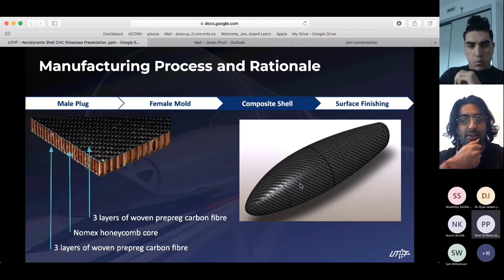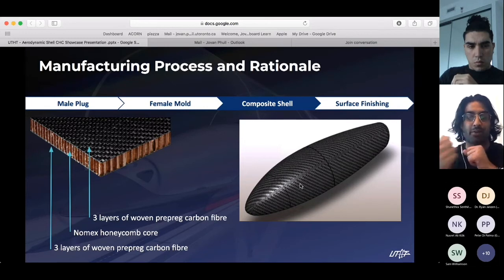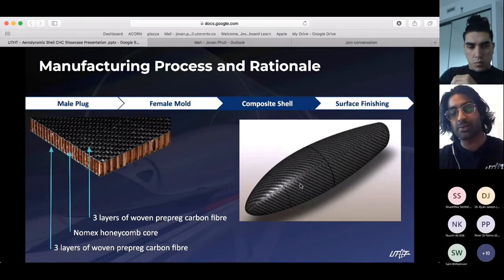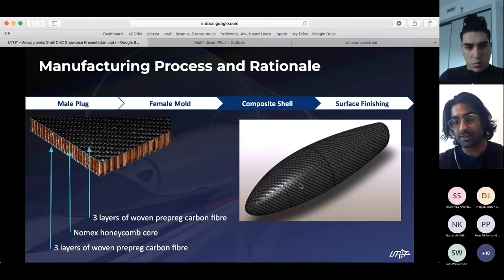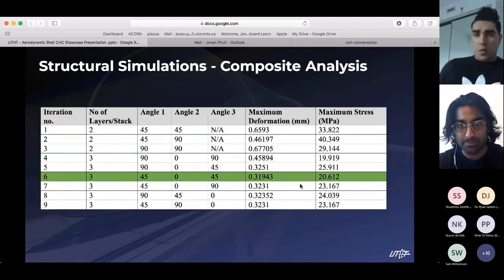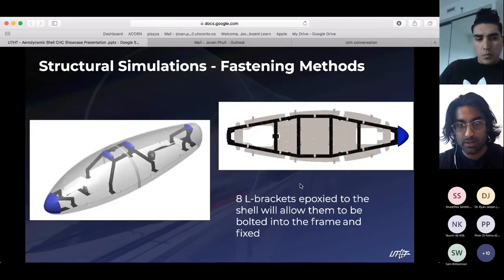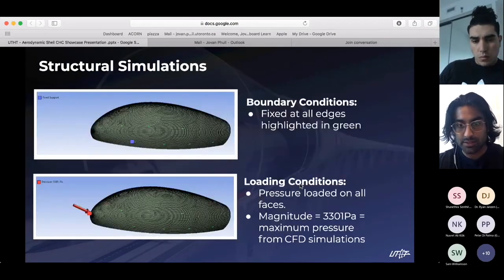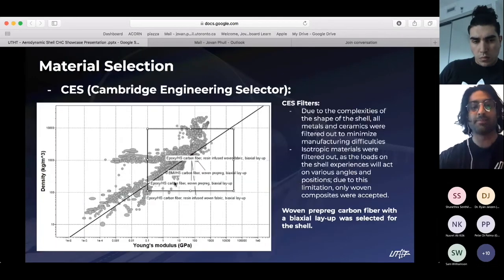Yeah, that's a good question. A lot of people have the conception that the honeycomb is stiff, but it's actually quite elastic in nature. When they sent it to us, it was packaged up in a roll. So it's quite flexible and it can adhere to the curvature of the shell. The reason we have it, I can go back to our material selection slide here.